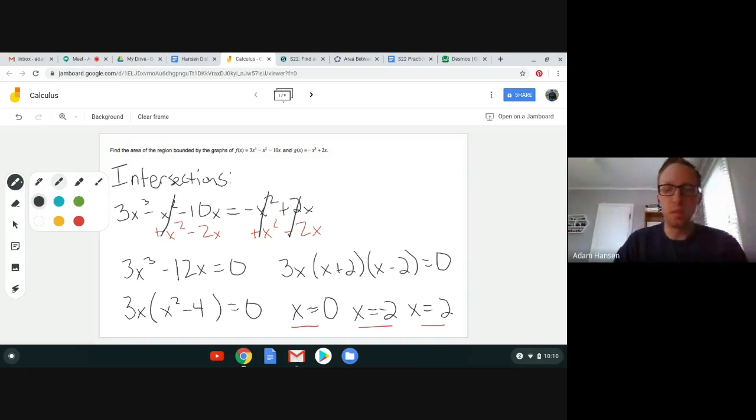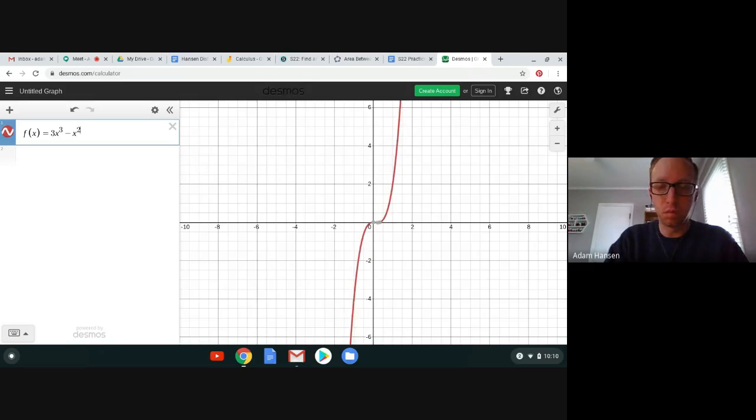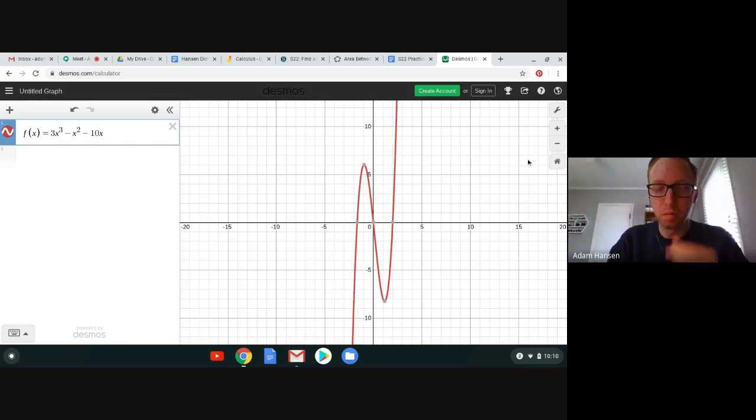All right, so that's interesting. Usually when I've done these questions in the last couple of classes, I've only gotten 2 intersection points rather than 3. So it might be worthwhile for us to take these 2 functions and graph them just to see what's going on here. Okay, here is our first function, 3x cubed minus x squared minus 10x.